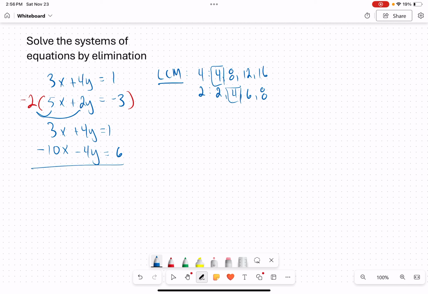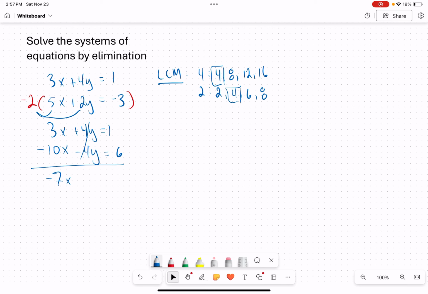And now we can use the method of elimination to eliminate my y variables, because now they have the same coefficient and they have different signs. So if I add them, they're going to eliminate, hence the method of elimination. So let's add every term here. 3x minus 10x is -7x. 4y minus 4y cancels out.